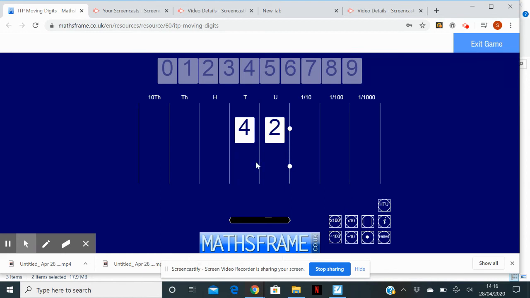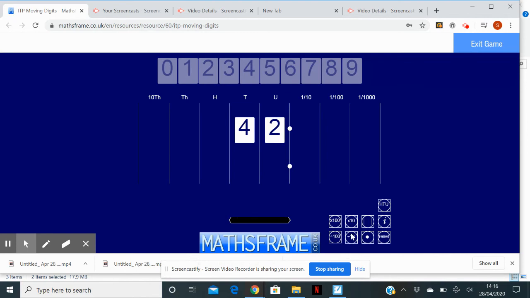Let's check. So 42 multiplied by 100 equals 4,200. They all moved up two place value columns. So multiplying by 10, all the digits move up one place value column. Multiplied by 100, all the digits move up two place value columns.